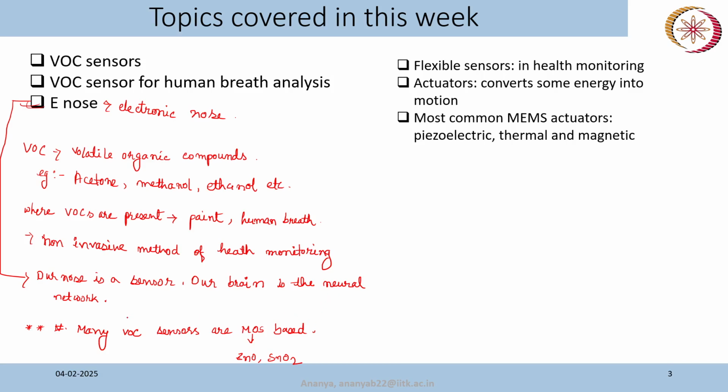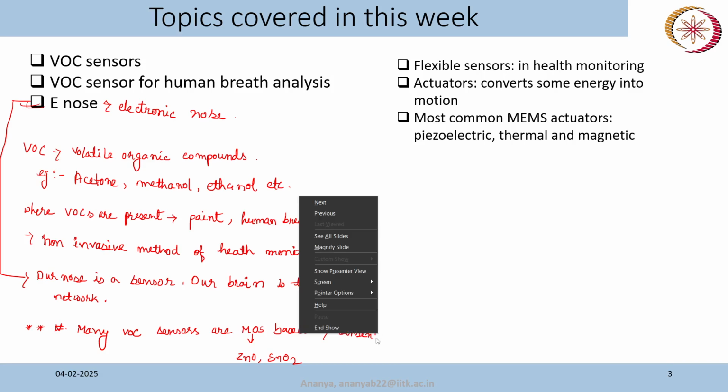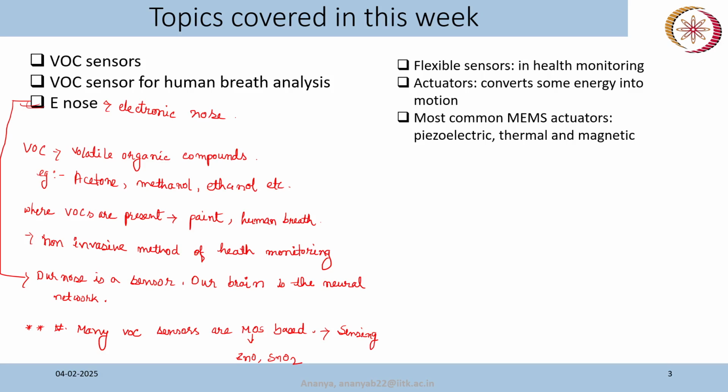So for this kind of sensor, what you need is a sensing material, which will be a metal oxide semiconductor, plus electrode, because ultimately you will measure the resistance of this material and the change in resistance due to different concentrations of volatile organic compounds.